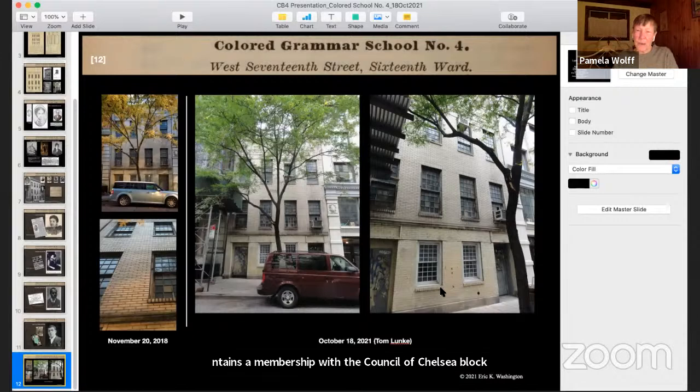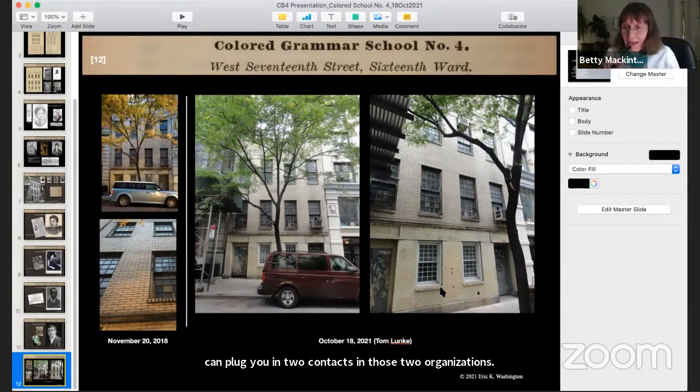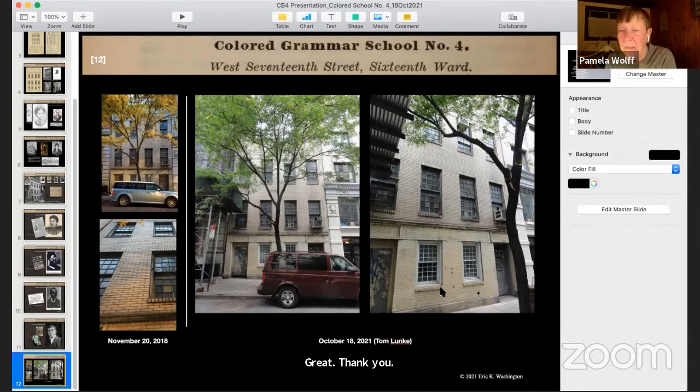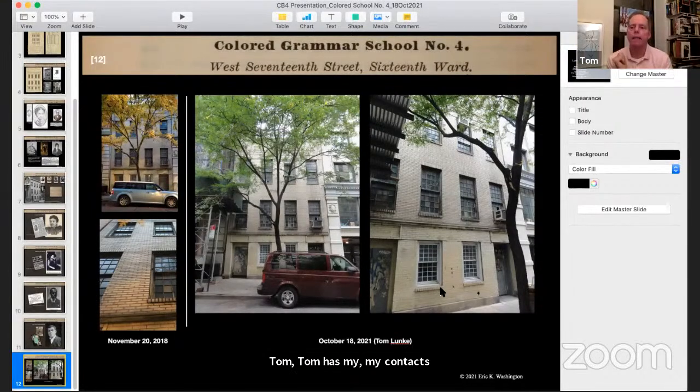It would definitely be worth reaching out to that organization, and David or I can plug you in to contacts in those two organizations. Okay, great, thank you. I should say, Tom has my contact information.